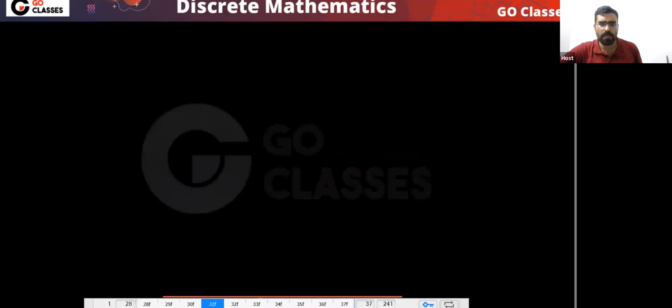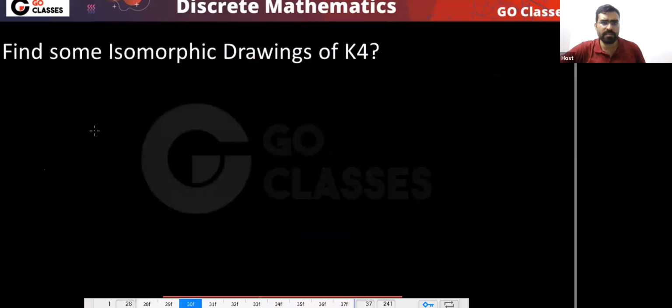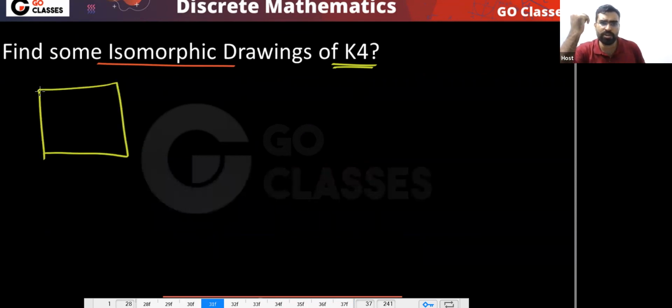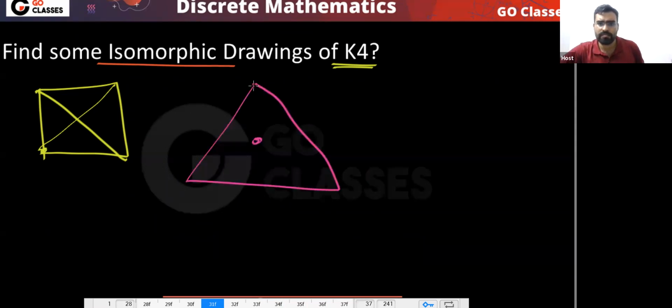Okay, let's move on. Find some isomorphic drawings of K4. So this K4, complete graph on 4 vertices, how can I draw this? For example, this is how you can draw. Remember, K4 means every vertex is adjacent to every other vertex. So you can draw like this, or like this, or like this.